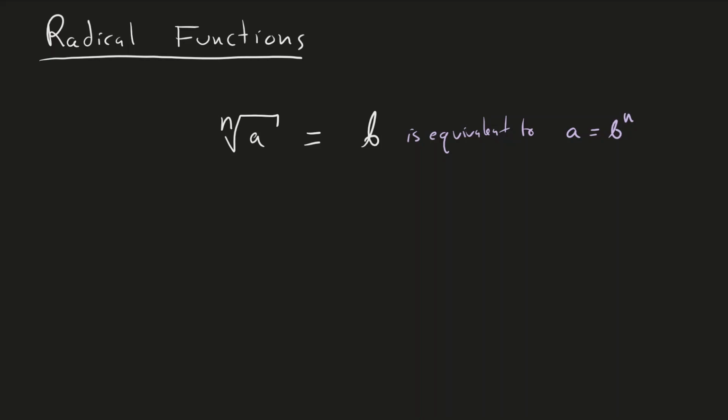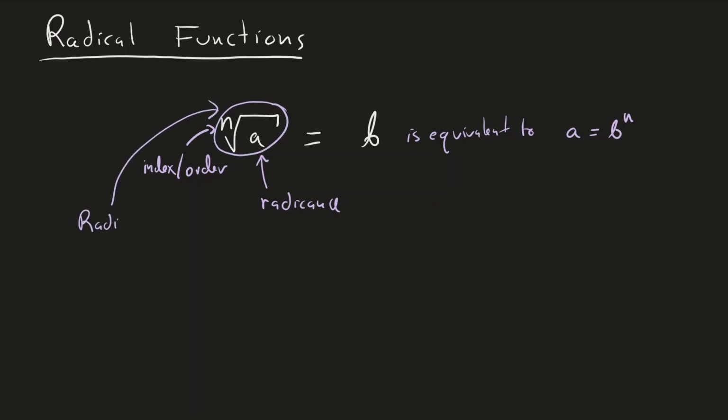And so we say here that the number n is the index or order, a is the radicand, and the whole thing here is the radical. So the radical is the nth root of a, where n is the index of order and a is the radicand. And this is equivalent to the statement a is equal to b to the n.